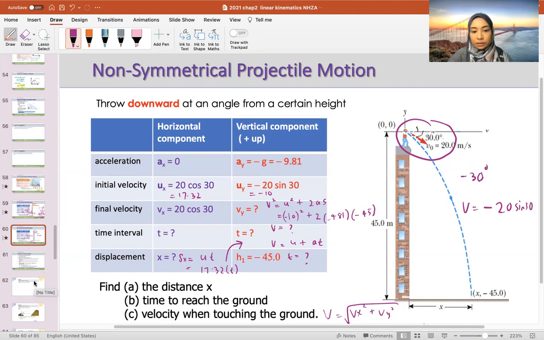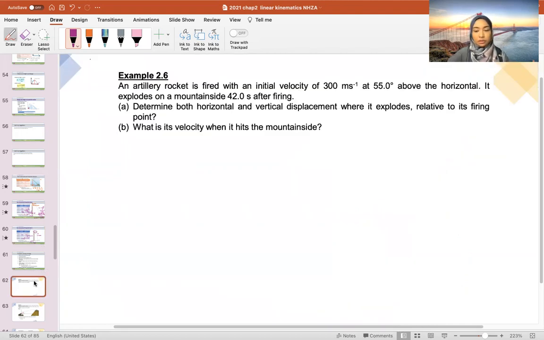Okay, so I think we're okay. So let's do this example. Kita dah cover symmetrical projectile motion, so I hope we can apply it in this example. So an artillery rocket, I want you guys to try this one, okay? An artillery rocket is fired, basically macam kereta kebal, with an initial velocity of 300 meter per second.